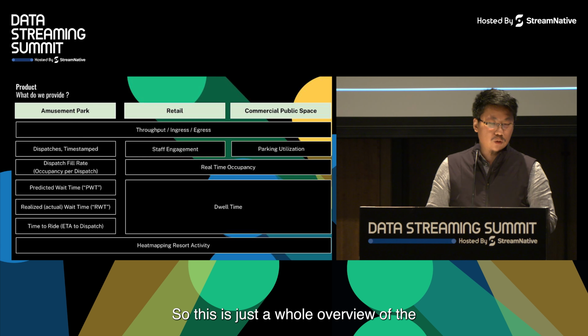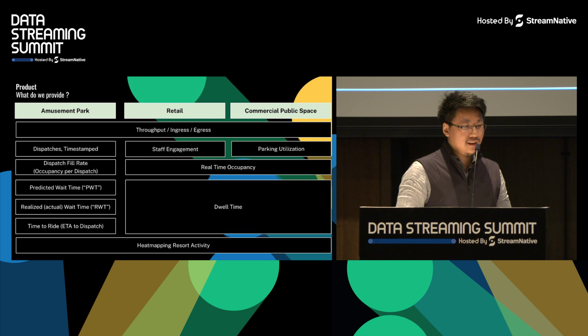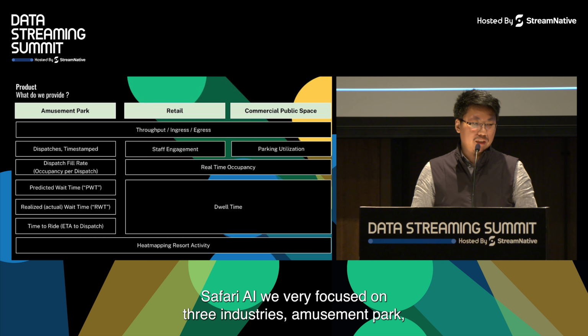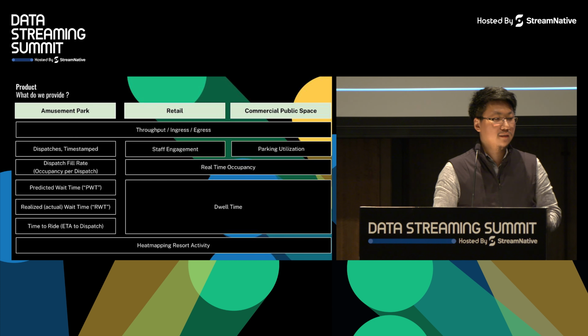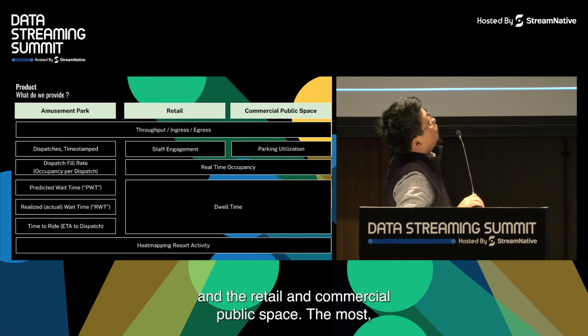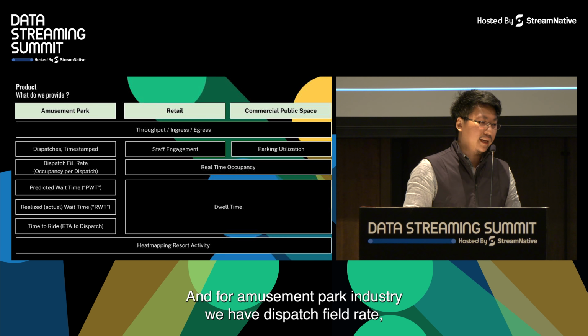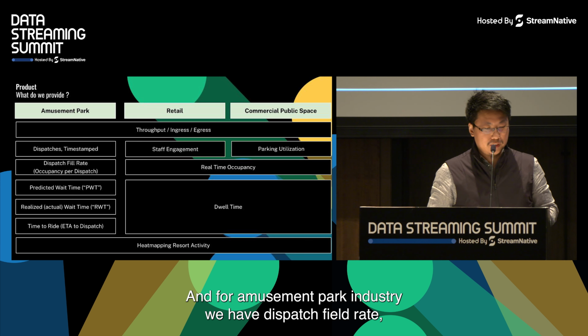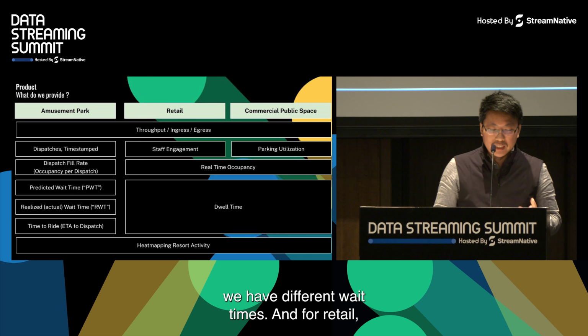All right, so this is an overview of the metrics we support today at Sapphire AI. We focus on three industries: amusement park, retail, and commercial public space. The most basic ones are throughput, ingress, and egress. For the amusement park industry, we have dispatch, fill rate, and different wait times.